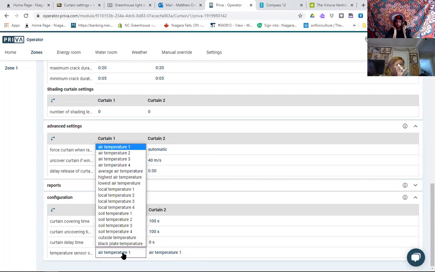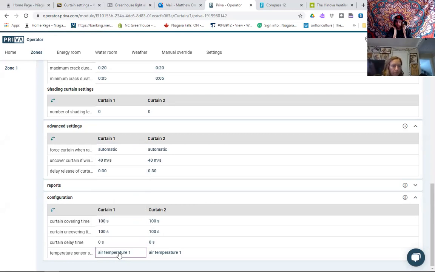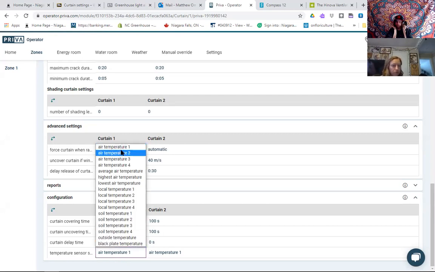And also configuration of temperatures. For some reason, if you wanted to change what your curtains are looking at, you can change the sensor that your curtains are looking at. So rather than air temperature, you can have a localized sensor that might be dedicated to the curtain itself.